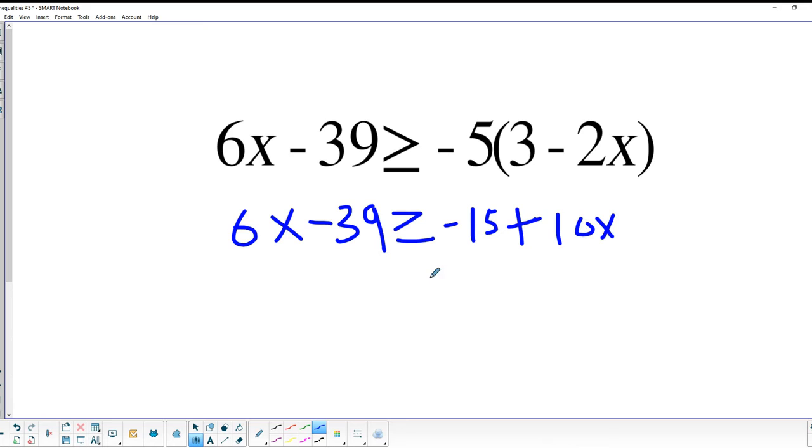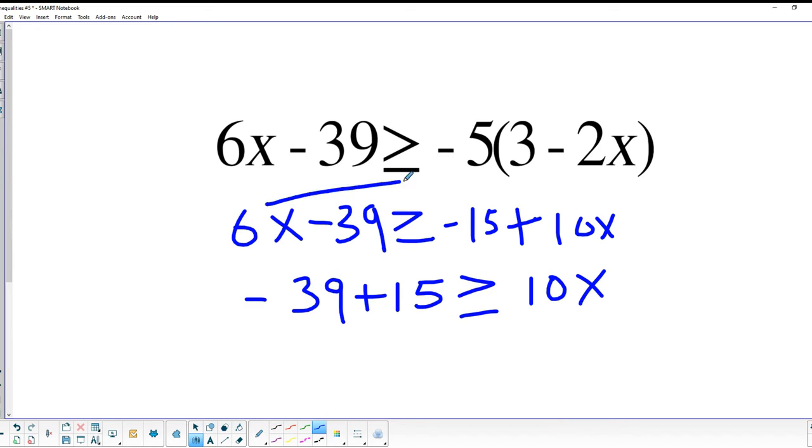All right, let's collect the like terms together. So I'm going to take all the x's to the right side this time, so I can actually keep them positive. So negative 39 plus 15 is greater than or equal to 10x. And when I bring 6x to the other side, it becomes minus 6x.